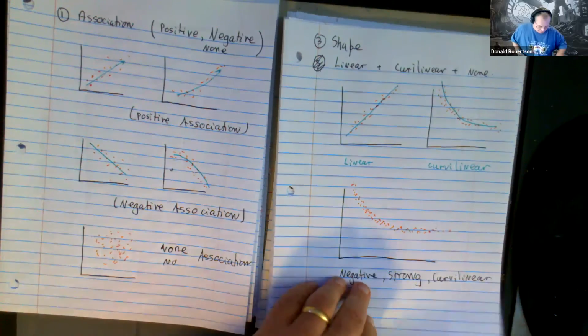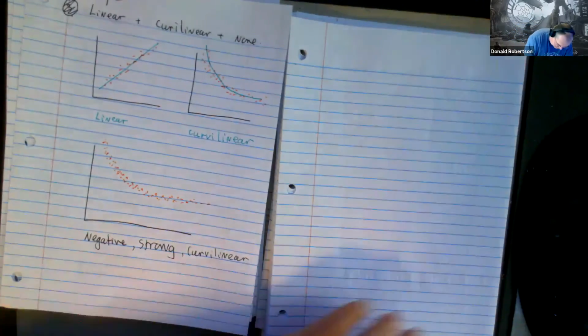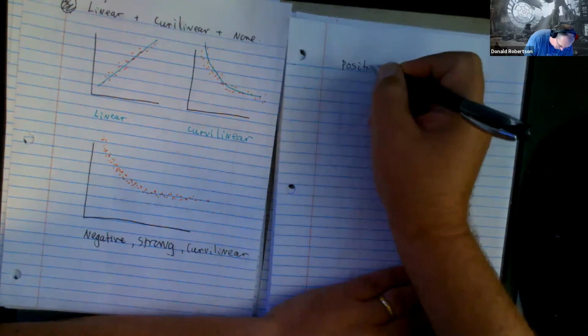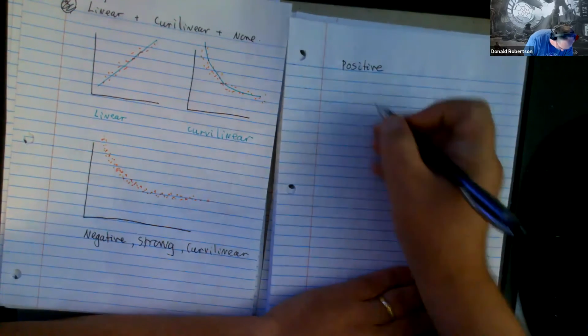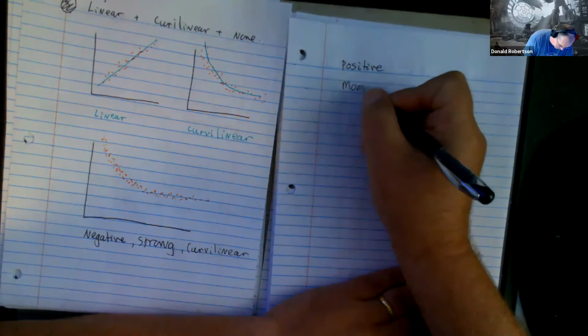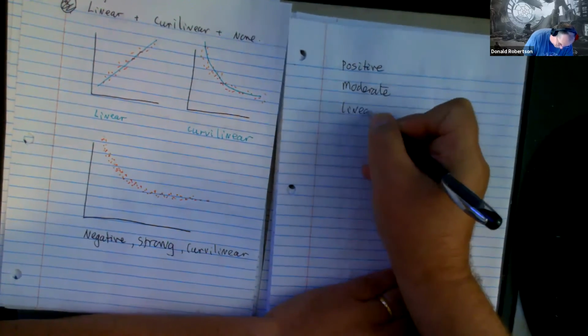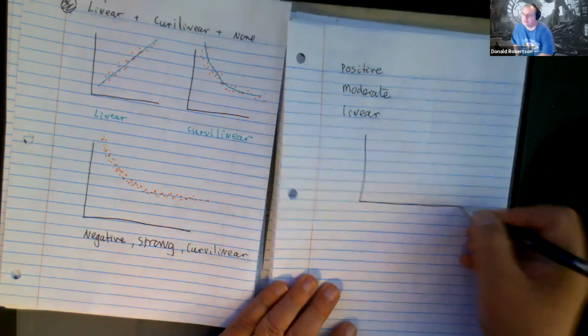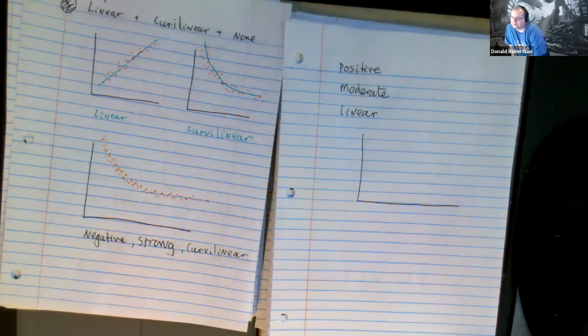Let's put it the other way around. Imagine I have a scatter plot and I tell you it's positive, it's moderate, and it's linear. You should be able to, not with scales and things, but shouldn't you be able to imagine what the shape of it would look like? Great.